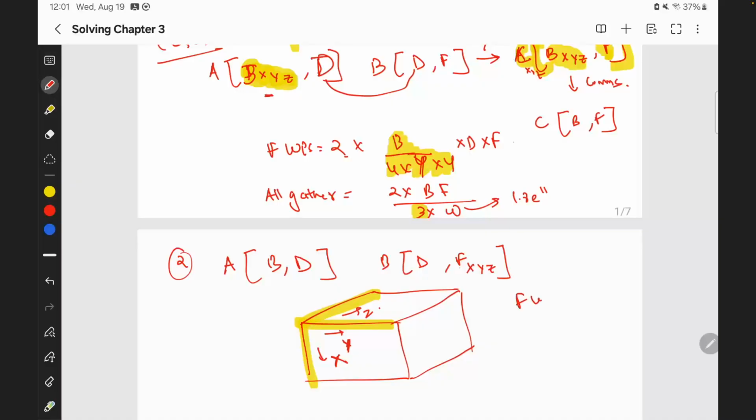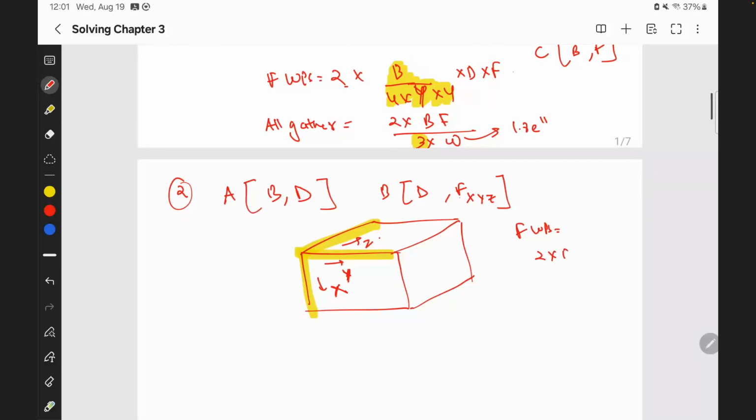So the flops here would be 2 into b into d into f by 4 into 4 into 4. Now here, the number of computations reduces for the dimension f, and communication is the same as what we had before.